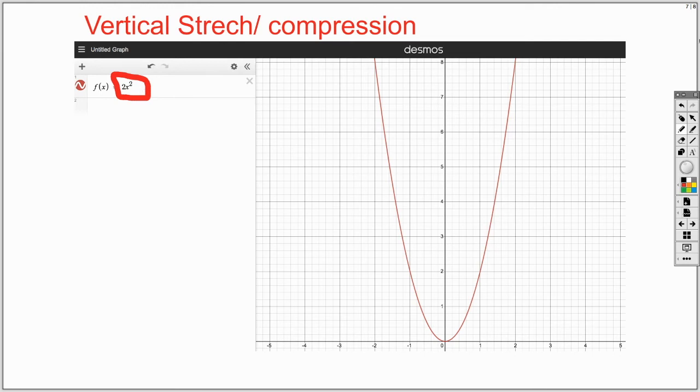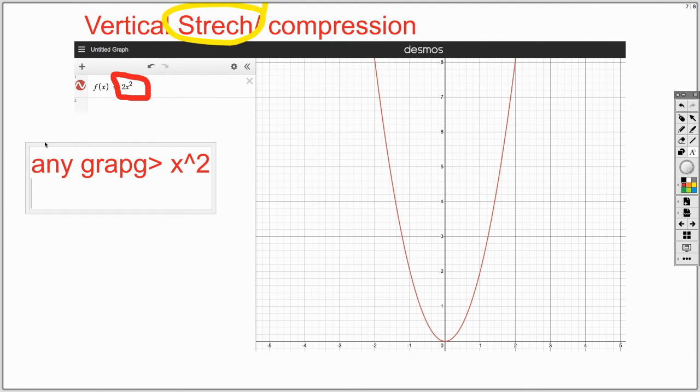And this, we can tell, is a vertical stretch, because any coefficient greater than 1 on the x to the power of 2 gives a vertical stretch.